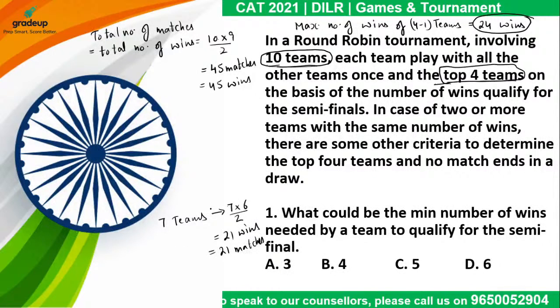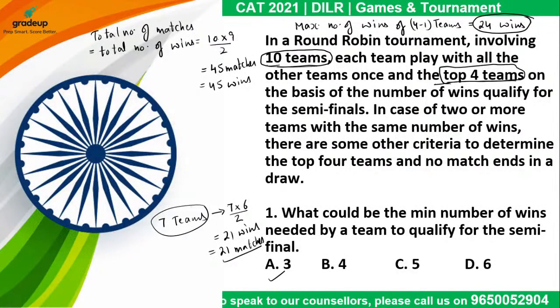Okay, since in these 21 matches only these 7 teams are involved, so I have to distribute the wins of these 21 matches to these 7 teams only. So that means these top 3 teams can have 24 wins. Okay, now 21 matches, 7 teams, so again each team will get 3 wins. So now these 3 teams will move to the semi-finals and 1 out of these 7 will also move to the semi-final.